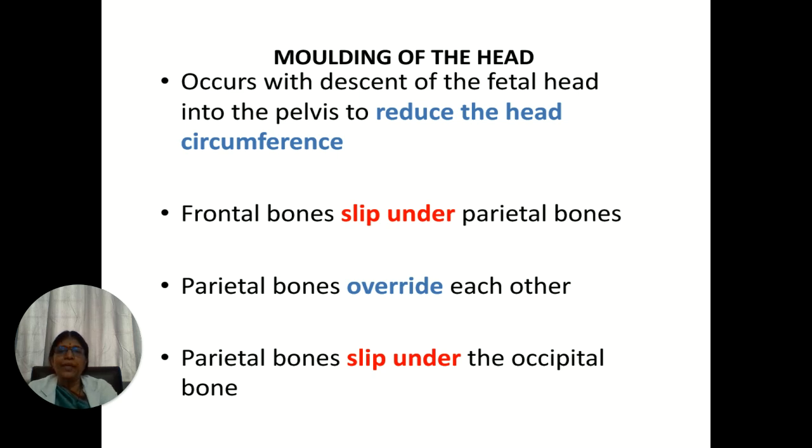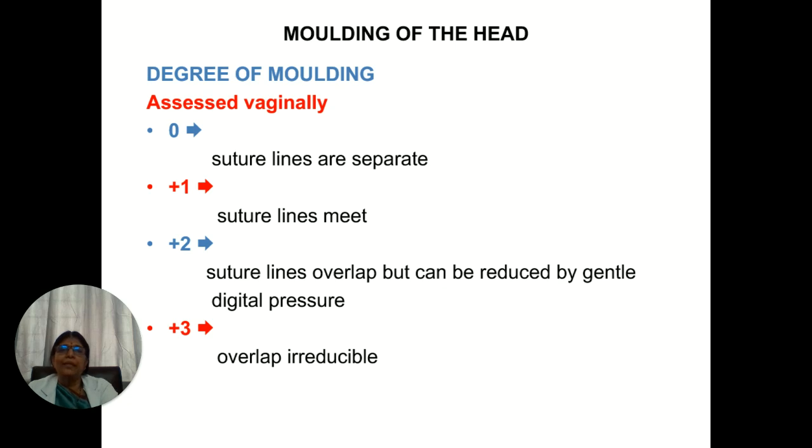This molding of the fetal head is very important for the fetus to pass through the maternal true pelvis, and we assess the molding. If the suture lines are just closer to each other but separate, it is given as grade 0. Grade 1 is when the suture lines meet.